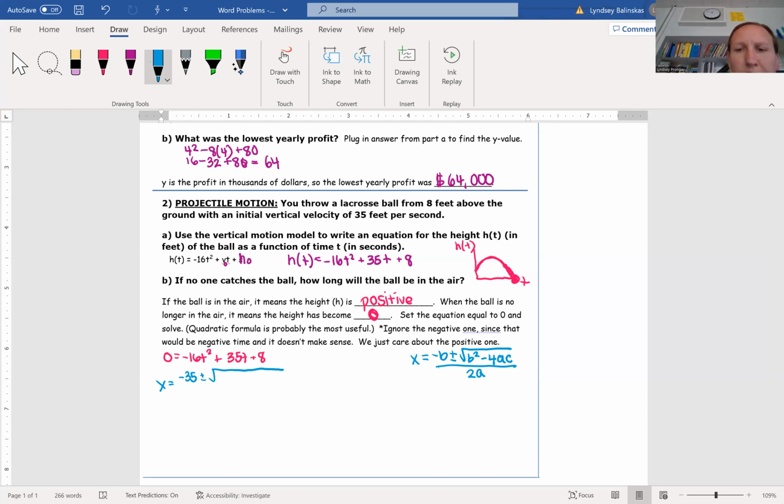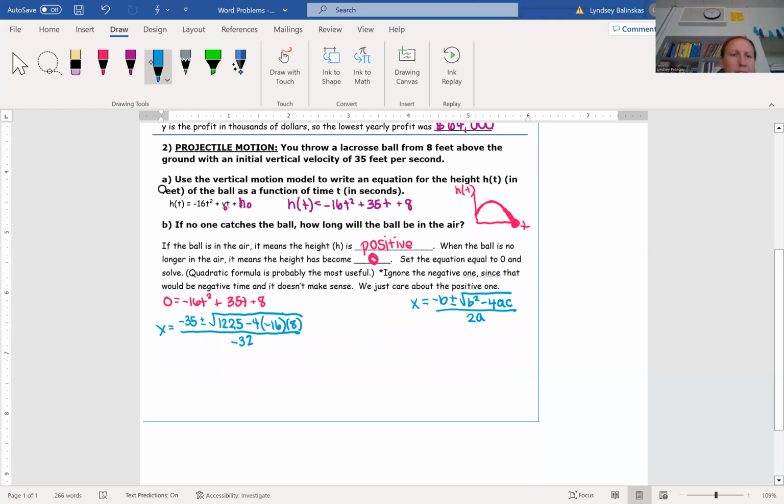B is 35, so b squared, I happen to know, is 1225. And then minus 4 times negative 16, which is our a value, and our c value is 8. And that's all over 2a, which is 2 times negative 16, or negative 32.